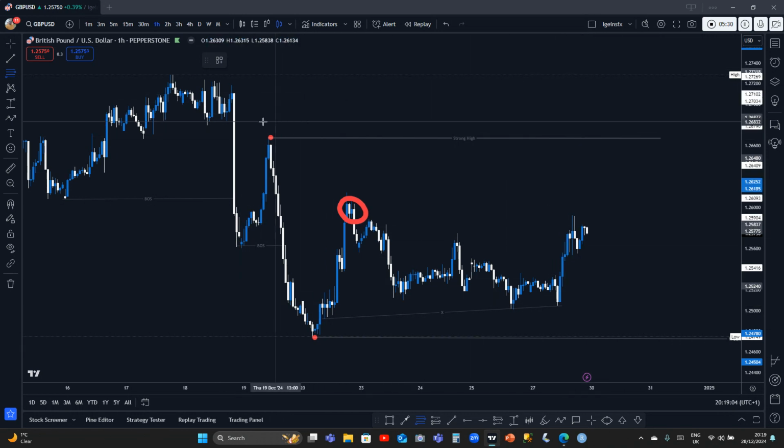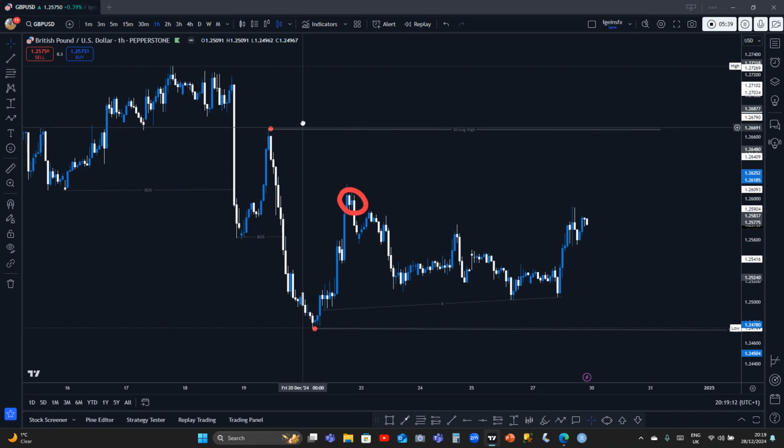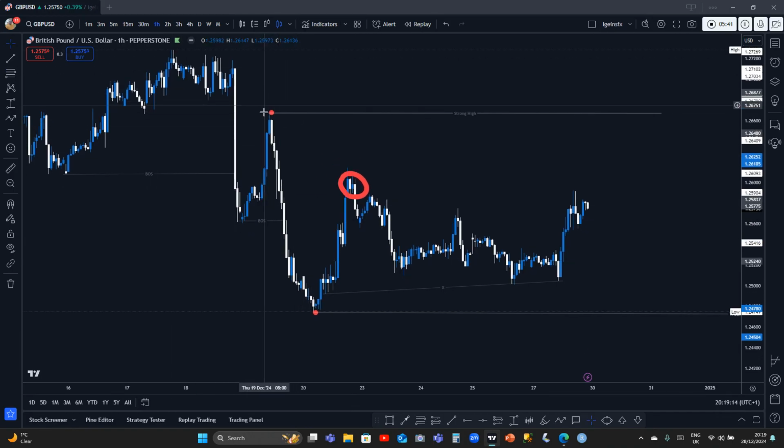Since this high has created a low and we are expecting a pullback, that pullback should reach a particular level before it resumes the underlying trend again, which is a bearish trend.